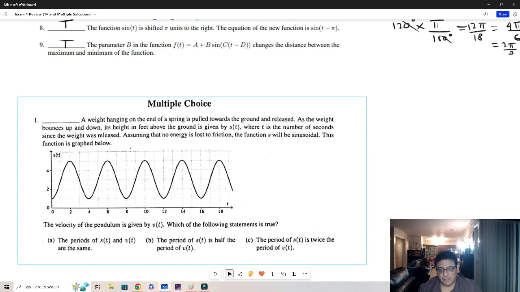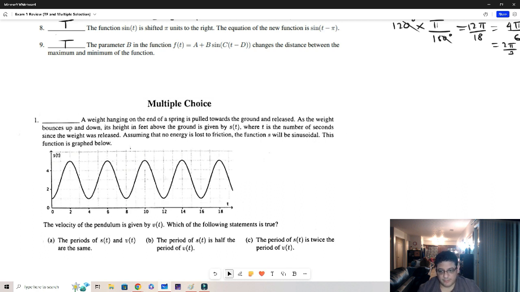Assuming that no energy is lost to friction, the function s will be sinusoidal. This function is being graphed here, S of t. Now we have that the velocity of the pendulum is also given by the function b of t. We want to know which of the following statements is true.